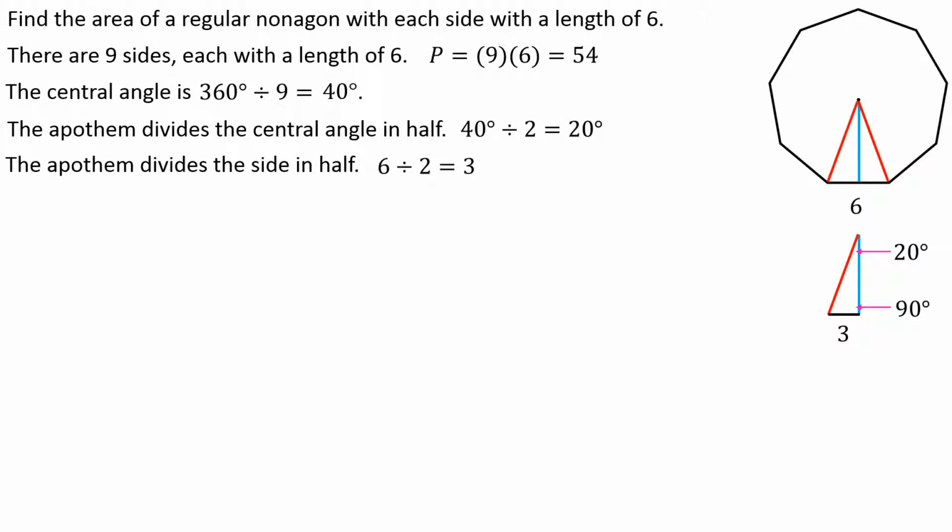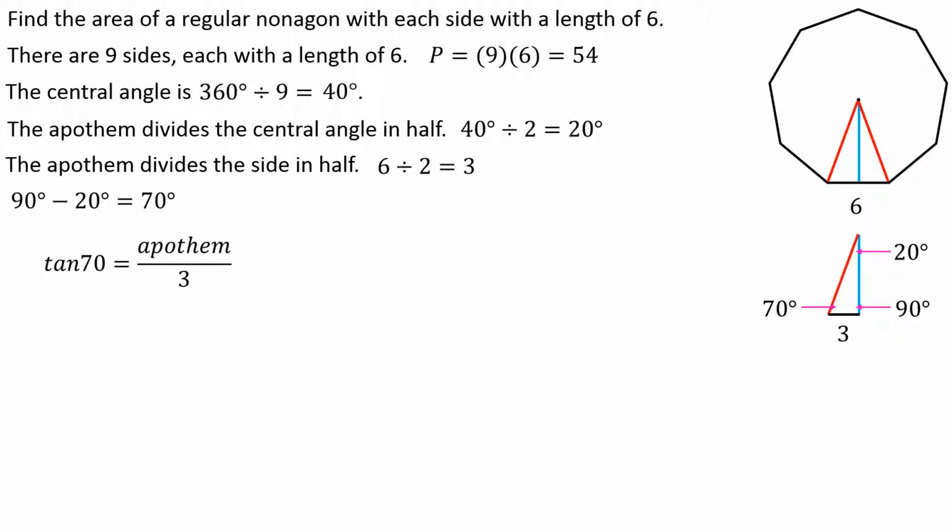So I've got a 20-degree angle. Of course, the apothem has to be perpendicular to the side, and so we know that's a 90-degree angle. We know half of 6 was 3. What's that other angle? Well, 70. The other angle is 70 degrees.